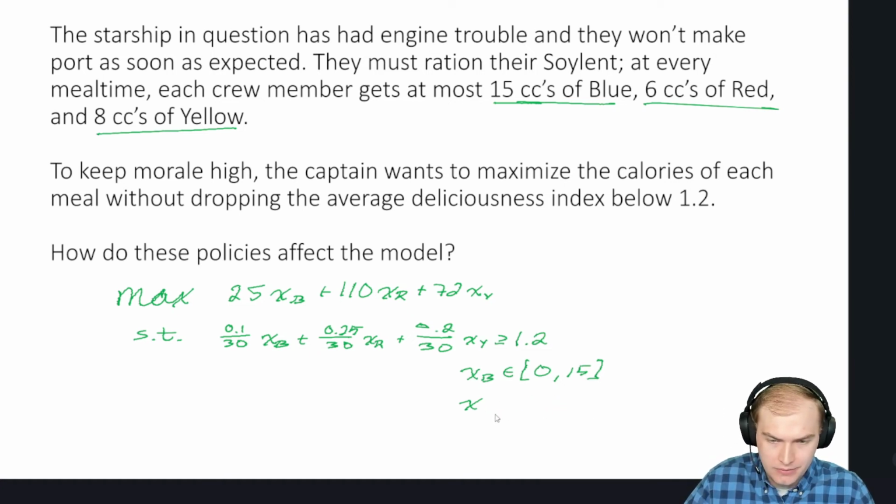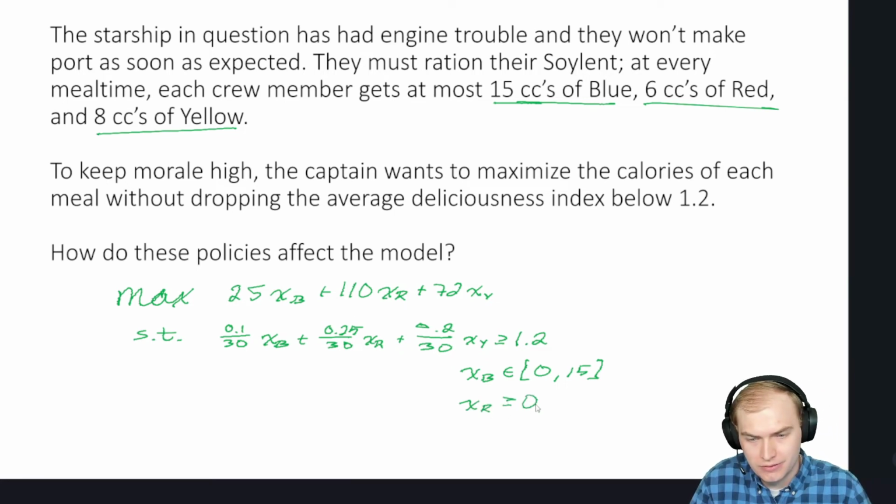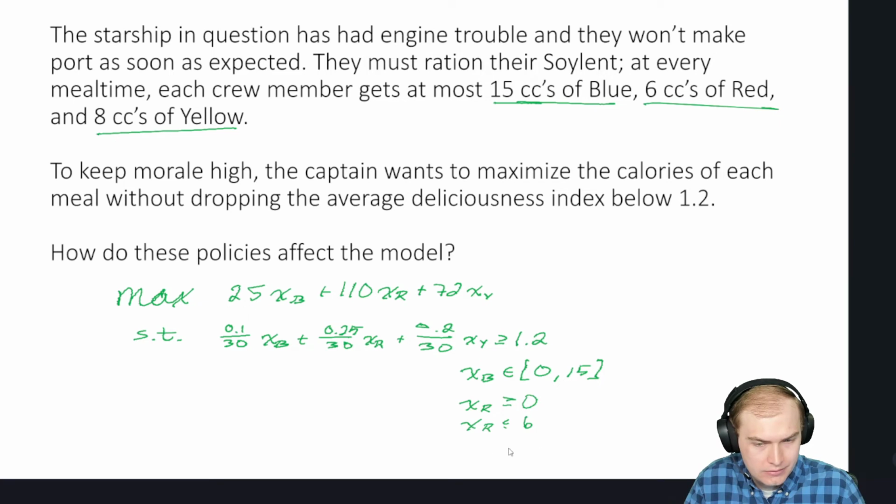Let me actually do a few different varieties here. X sub B is greater than or equal to 0, but X sub B is less than or equal to 6. That's an 8.